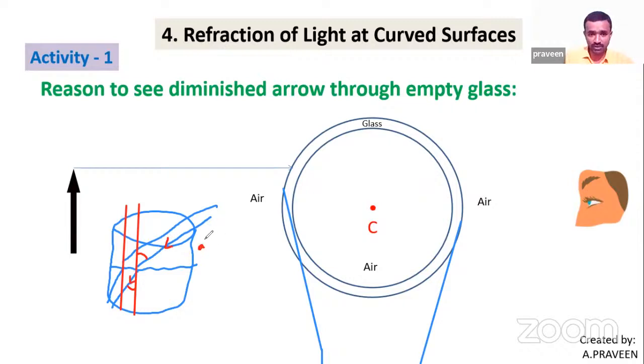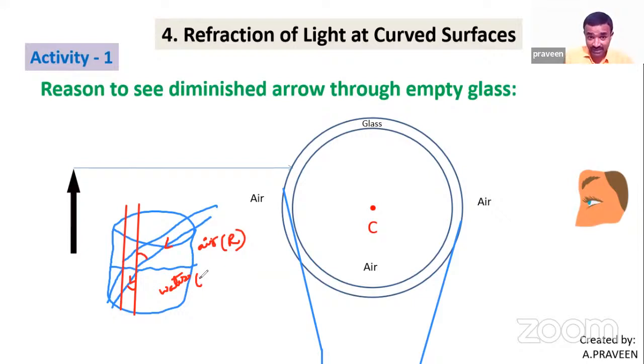What is the rarer medium? Air. What is the denser medium? Water here. So air to water, I am giving you as rarer to denser. Here, in the denser medium, what is happening? Going from rarer to denser, the light ray bends towards the normal.